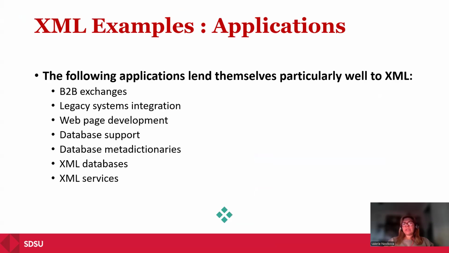Examples of XML applications: it is used everywhere, business to business, data exchange, web page development, everywhere. XML is a very widely used format. Again, it is used for multiple applications, and along with JSON, which we are not going to cover during this lecture, it is the most popular format for data exchanges.